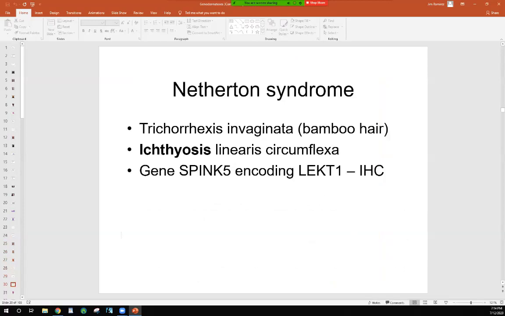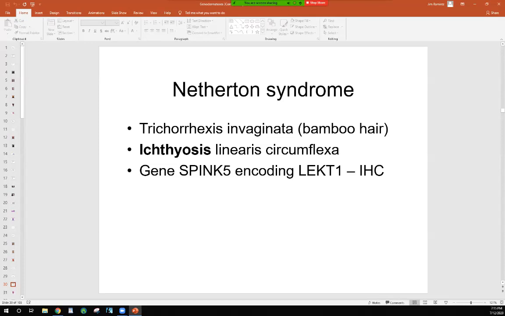Some syndromes with ichthyoses, I'm just going to mention these for completeness' sake. Netherton syndrome, where you can have this ichthyosis linearis circumflexa. I don't have a slide of this, but I can show you a photo in a second here. This is the SPINK5 gene encoding LEKTI. This is new, actually.